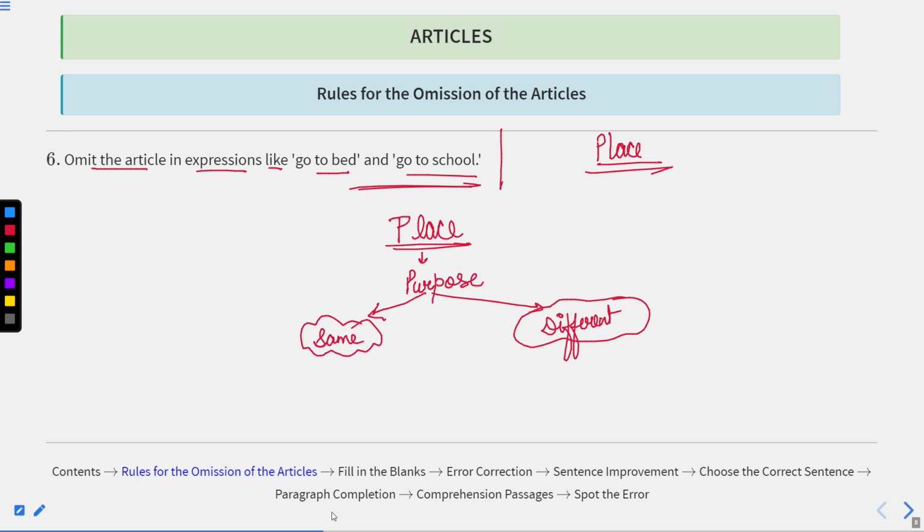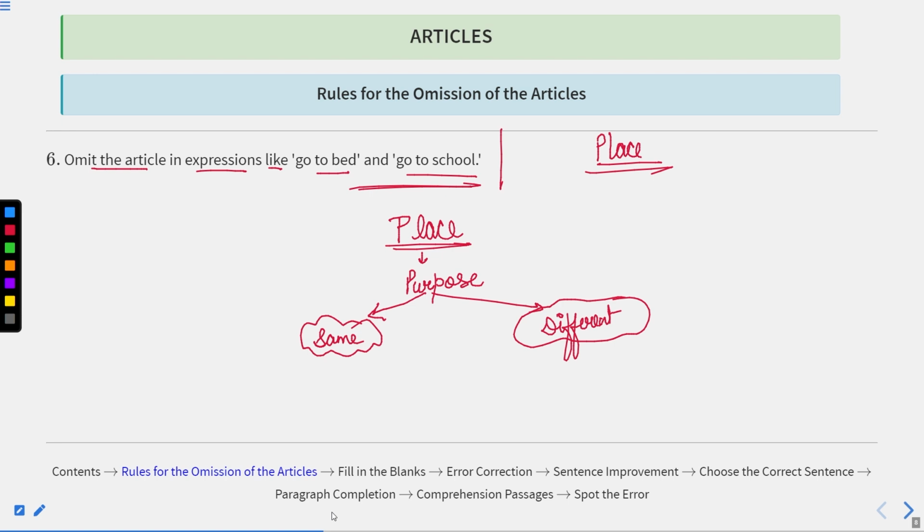So going to the hospital or going to hospital, you should be either a patient or a doctor, so the purpose should be the same as that for which the hospital has been built. Every place is visited for some purpose, and the purpose can be either the same or different. If it is the same, it means the person visiting that particular place is using it for the same purpose for which it has been built.